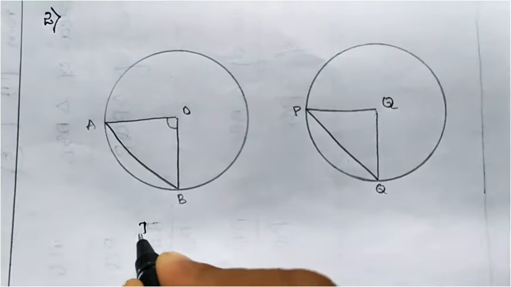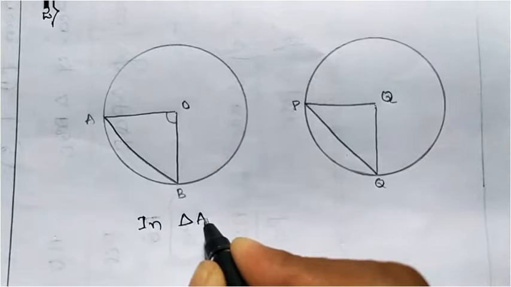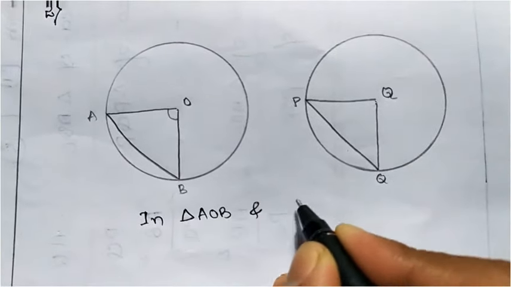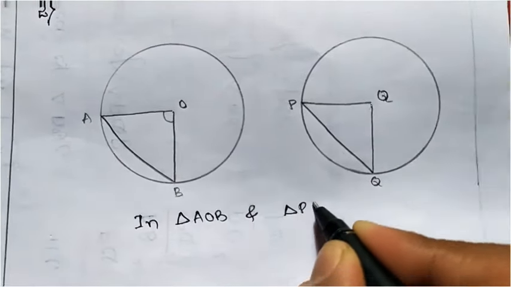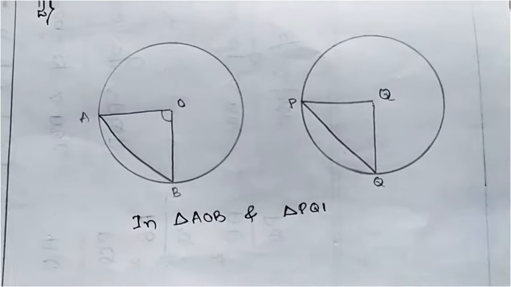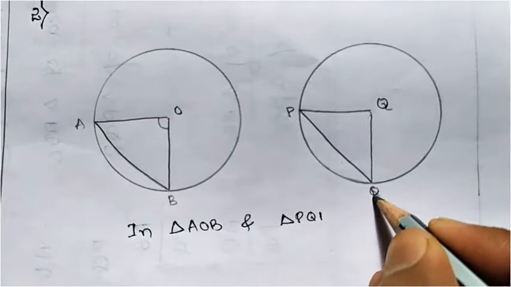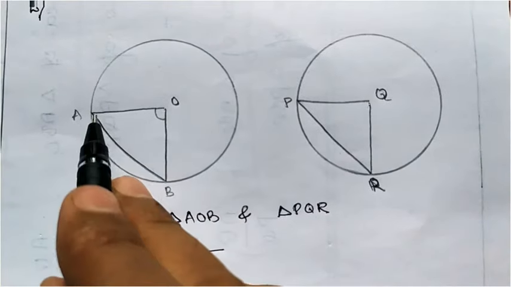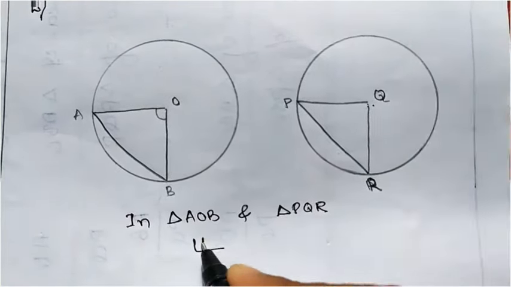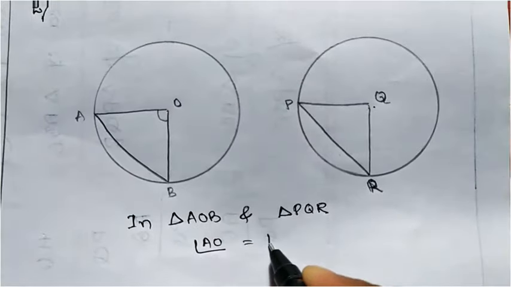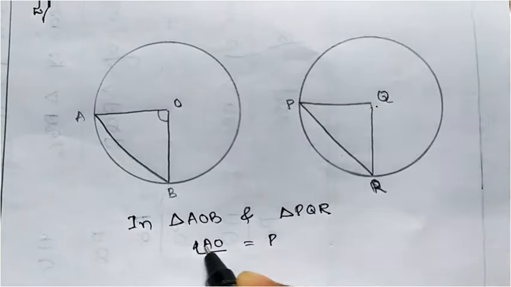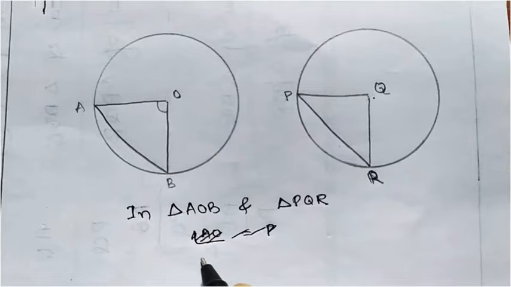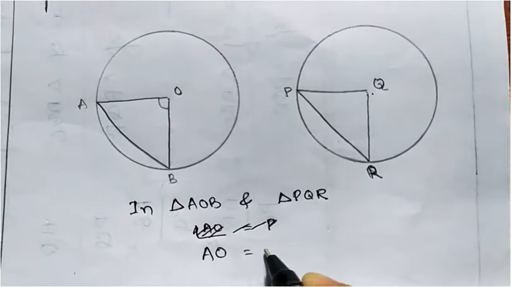So in triangle AOB and triangle PQR, first start with the sides: AO equals PQ. These are sides, not angles. That is, AO equals PQ.